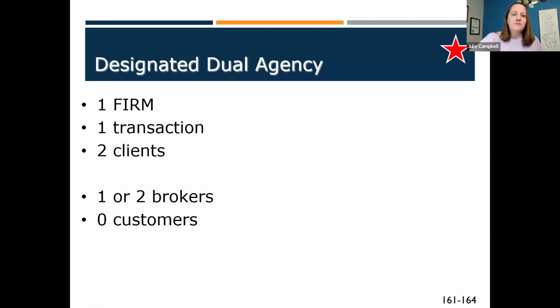Here's the difference. Designated dual agency is always two brokers. One broker in the firm has been designated to work exclusively with the seller. A different broker in the firm has been designated to work exclusively with the buyer.